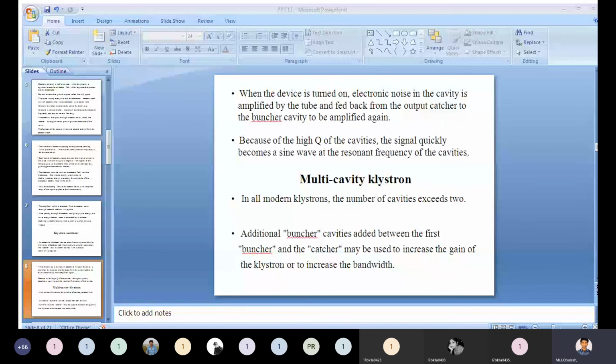The technique of amplification used in the klystron is also being applied experimentally at optical frequency in a type of laser called the free electron laser, FEL. These devices are called optical klystrons, and instead of microwave cavities they use devices called undulators.